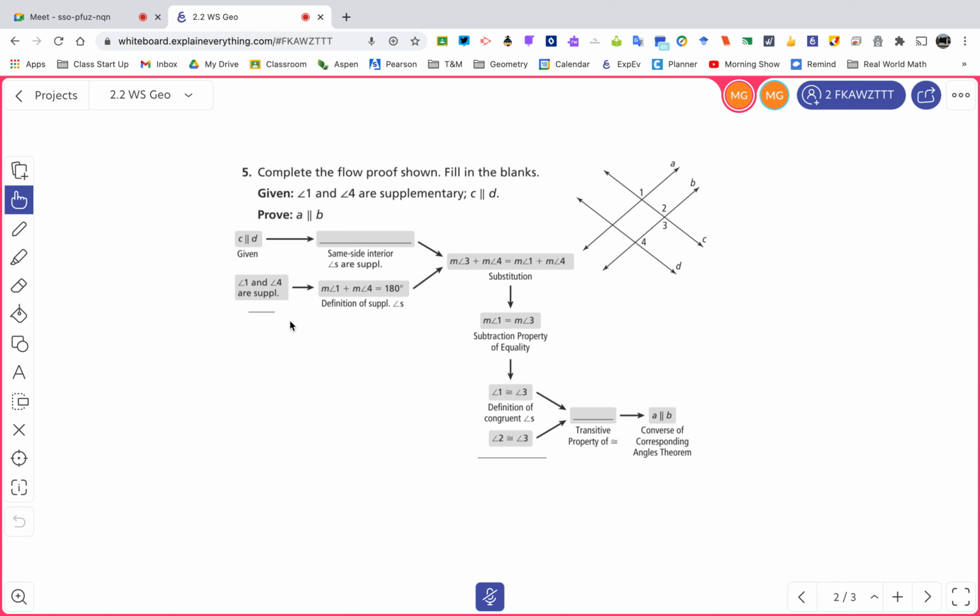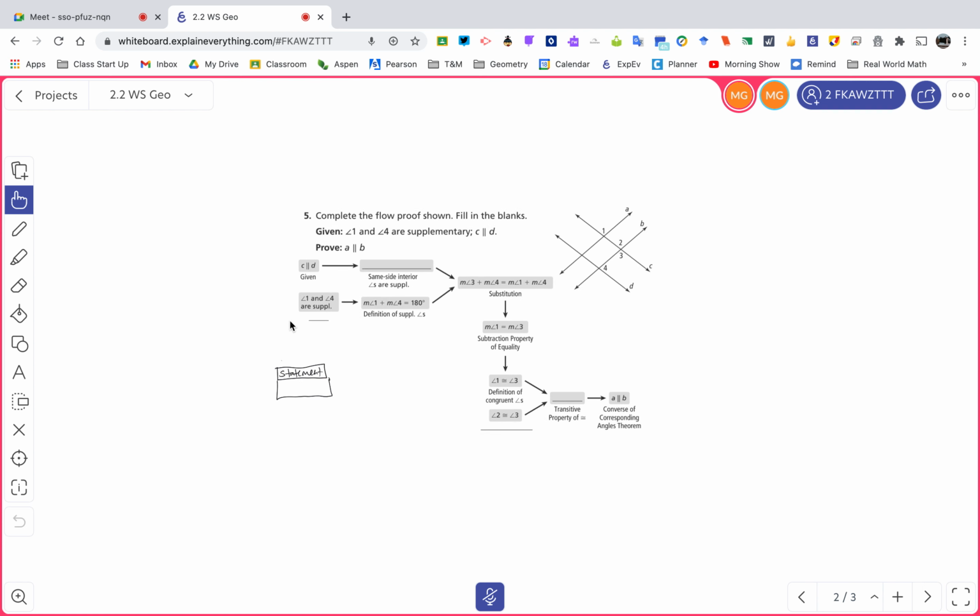Next one is the flow chart. Again, with the flow chart, the top box is your statement, and the bottom is your reason, how you want to prove it.